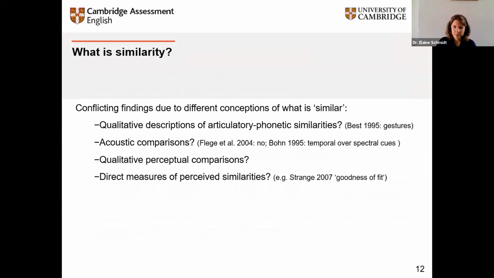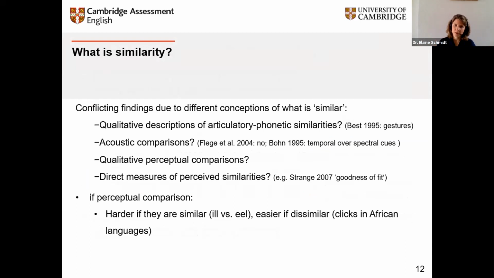I think for simplicity's sake, and I think this is the one that's generally seen as the most accurate one, is if we look at a perceptual comparison. So ill and eel are perceptually very, very similar. And so they are a lot harder to learn in a foreign language, whereas dissimilar sounds are a lot easier to learn.